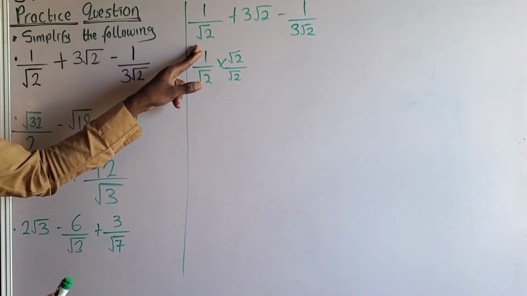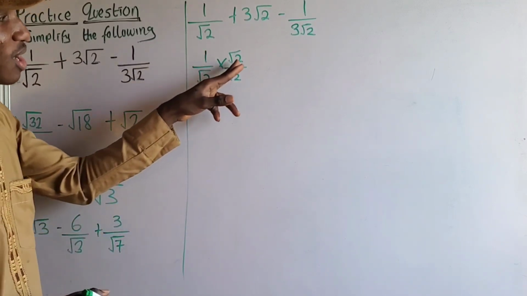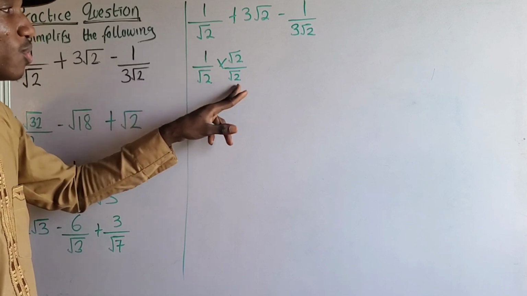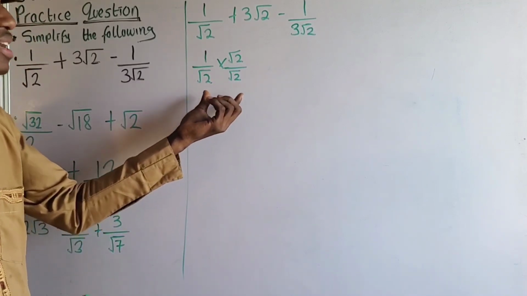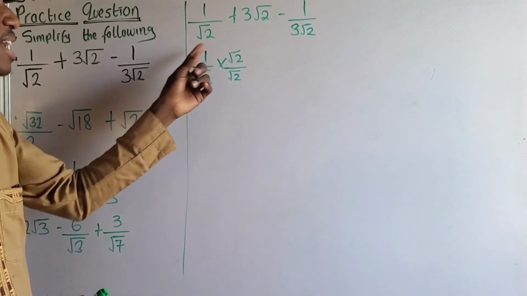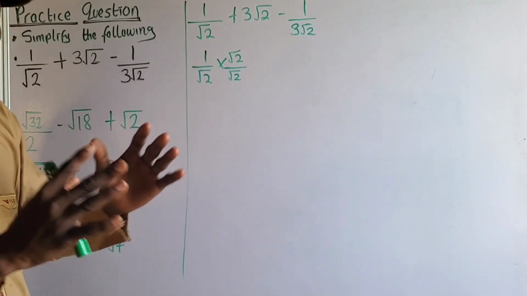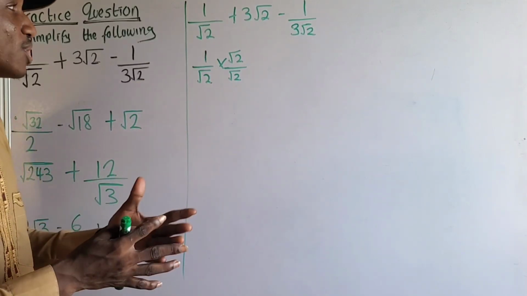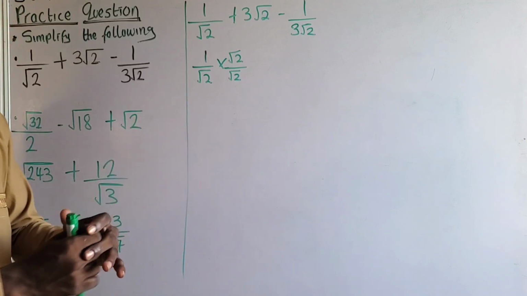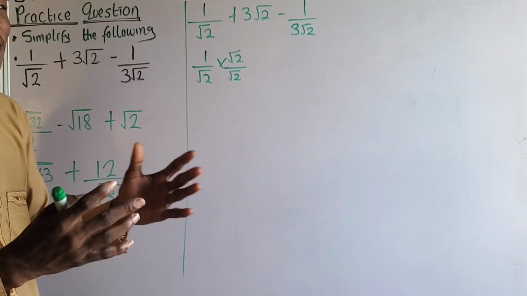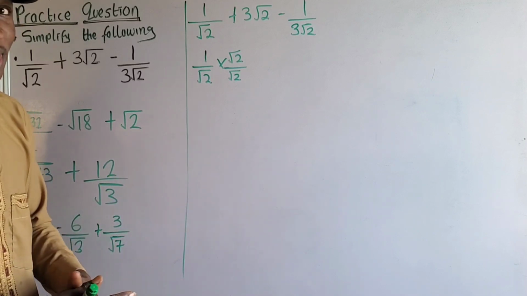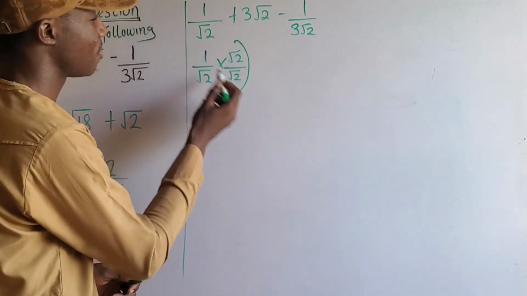So I'm going to have root 2 times 1 over root 2 times root 2. The goal of rationalizing this fraction is that I want to have a rational number at the denominator. So that is the reason why I rationalize. And if I have a rational number at the denominator, I can easily simplify. Okay, so let me put this bracket.